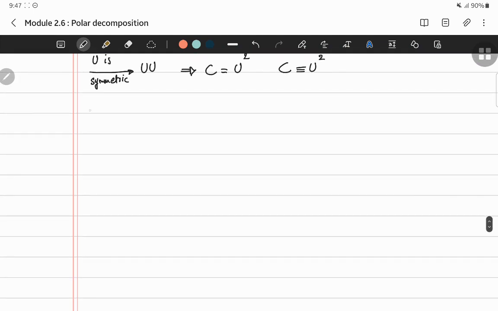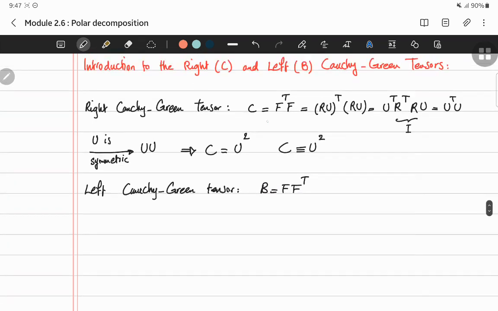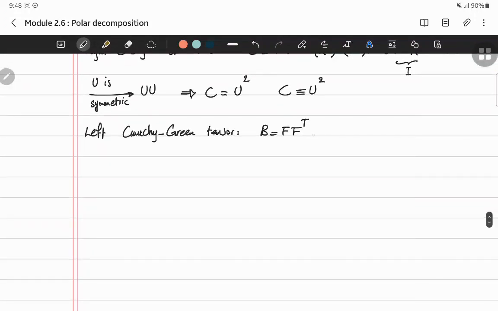Then we have the left Cauchy-Green tensor, which is defined as F F transpose. So C is F transpose F, B is F F transpose. So we have VR times VR transpose, which is equal to VR R transpose V transpose.